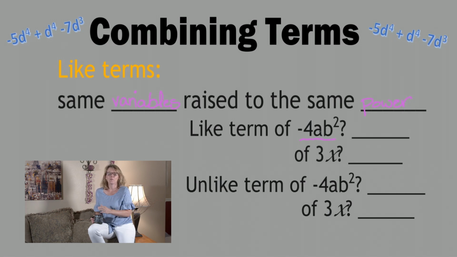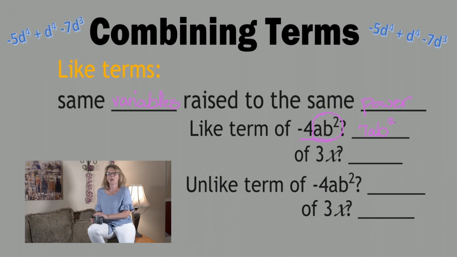A like term must have the same variables raised to the same powers. So another like term has got to have ab squared in it. The front number or coefficient doesn't matter, and it doesn't matter if it's negative or not. So I'll put a 7 in front for 7ab squared.